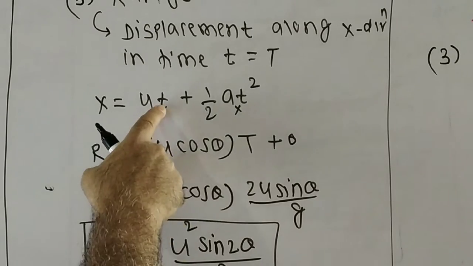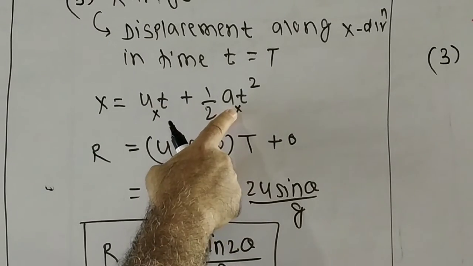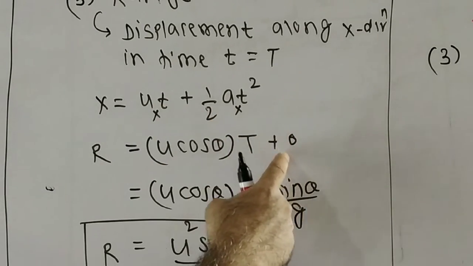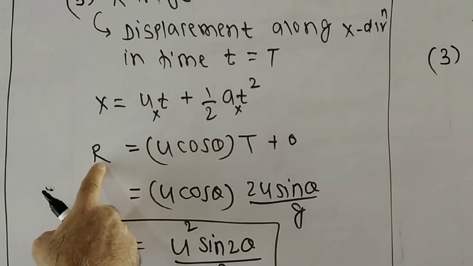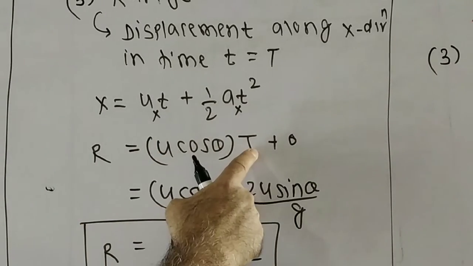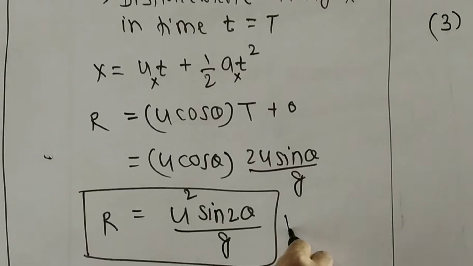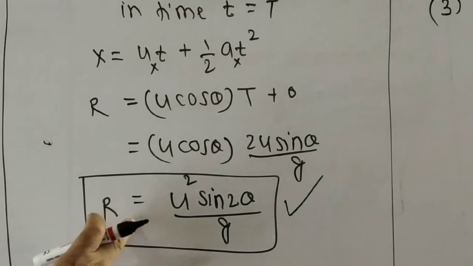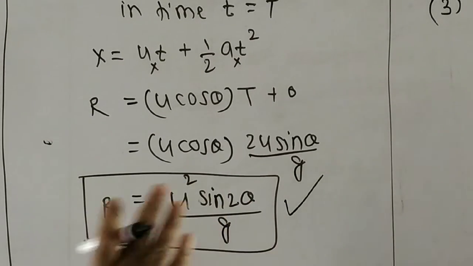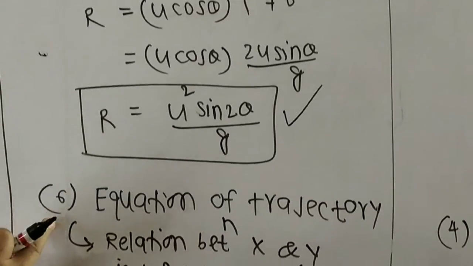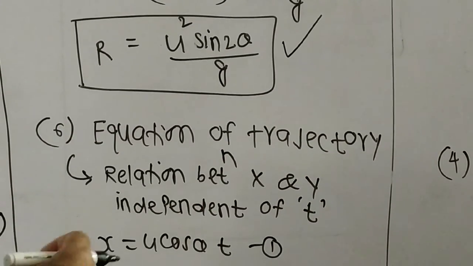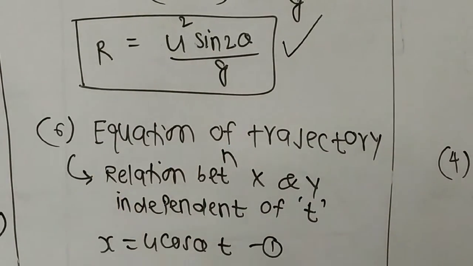U cos theta. T becomes time of flight. No acceleration in x direction, so this expression is 0. End result, range is u cos theta into time of flight. Time of flight already calculated. Put the value, you will get the expression for the range, that is u square sin 2 theta by small g.